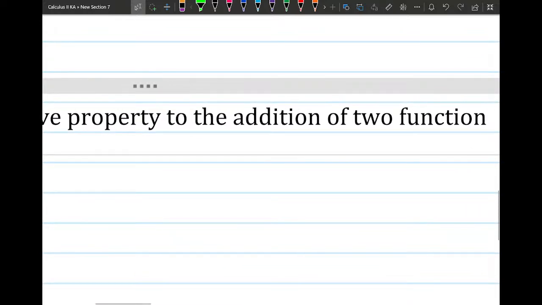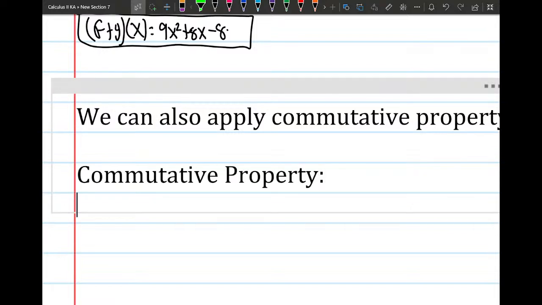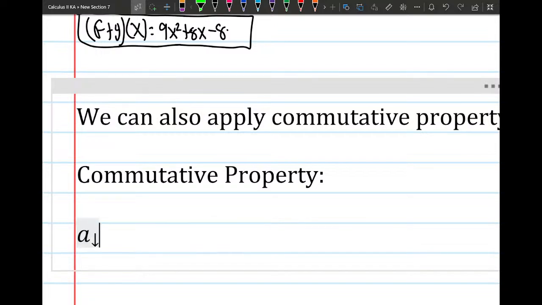I do want to mention you cannot do this with subtraction, but we'll get to that in a minute. So the commutative property goes as follows. If you have two numbers, a plus b is equal to b plus a, right?